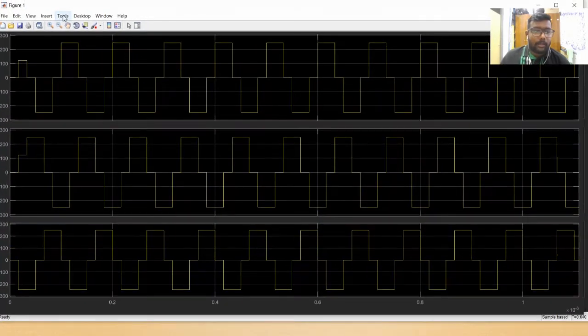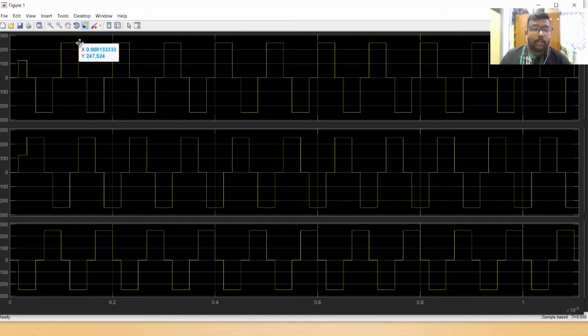Let's insert a tool called data tips. This is the value that we produced for the line voltage, which is 247.524.